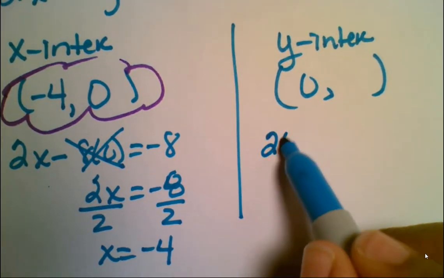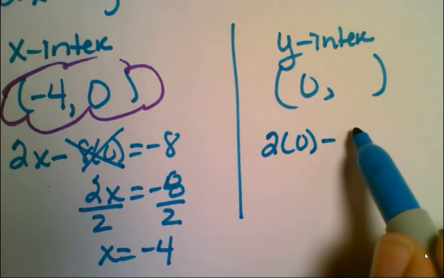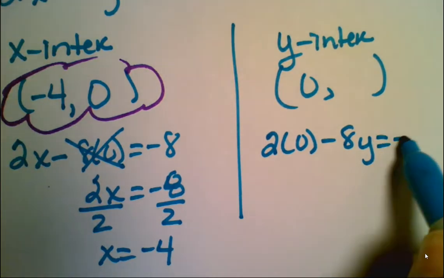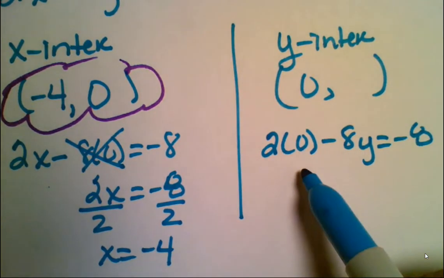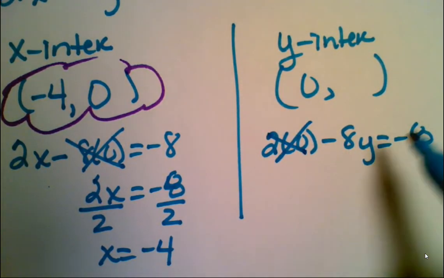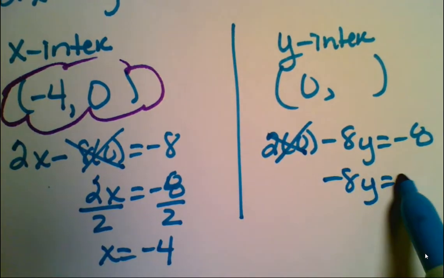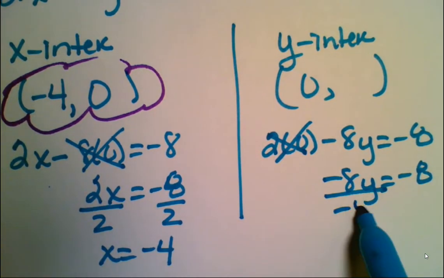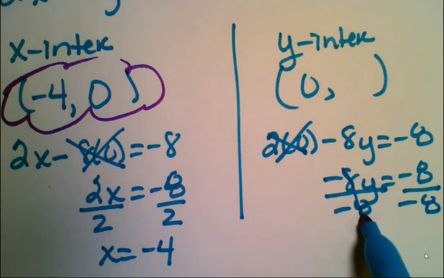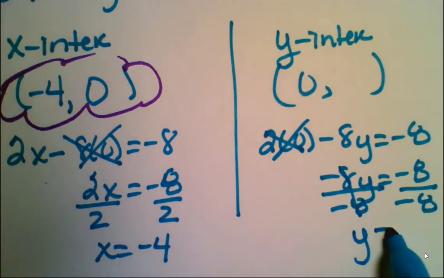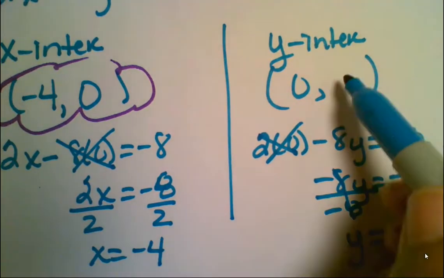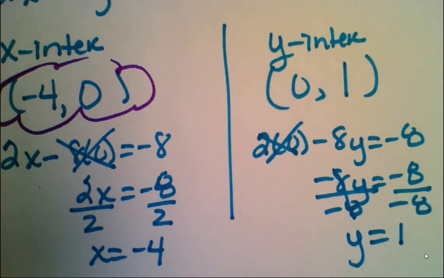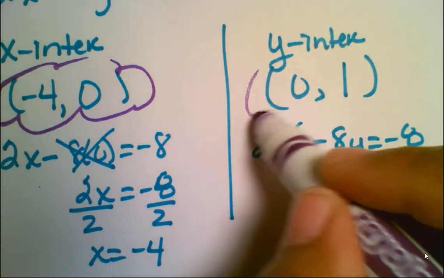So go back to the original equation, substitute 0 in for x, and we have 2 times 0, which is 0. We have negative 8y is equal to negative 8. Divide by negative 8, and we have y is equal to positive 1. So we're going to plot that point, 0, 1, on the y-axis.